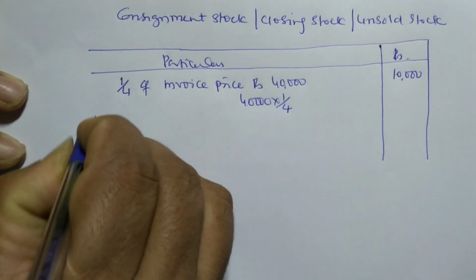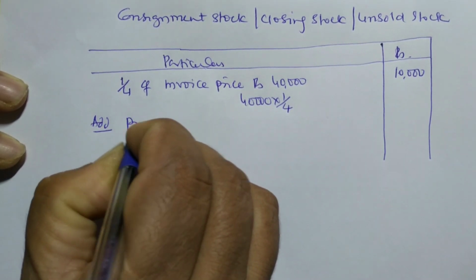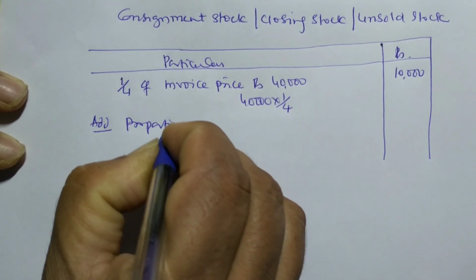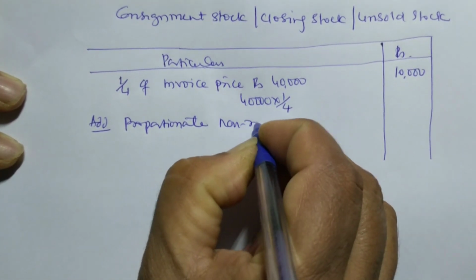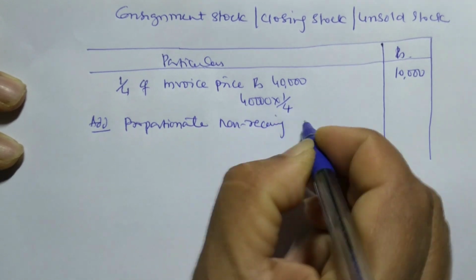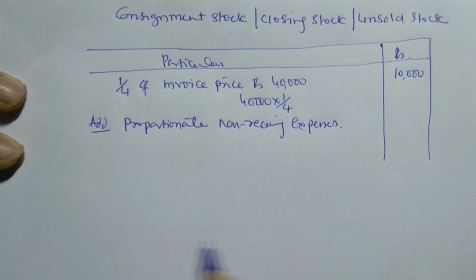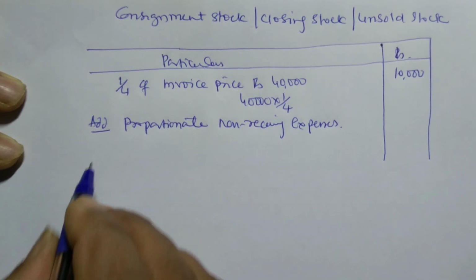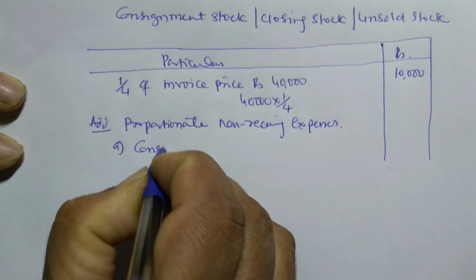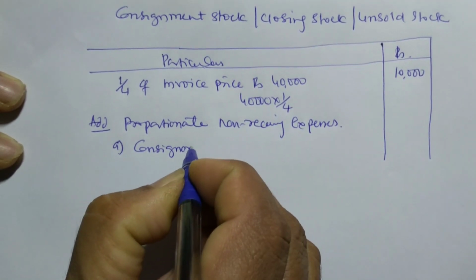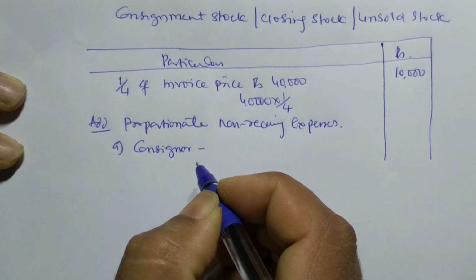In this, we have to add proportionate non-recurring expenses. While calculating consignment stock, the portion relating to consignor and consignee in connection with non-recurring expenses must be taken.